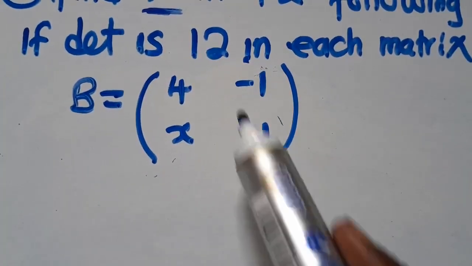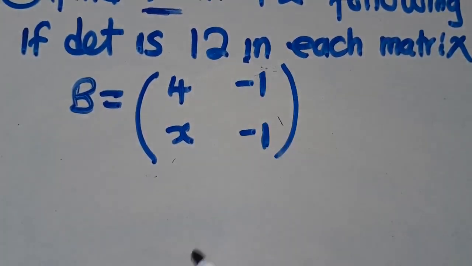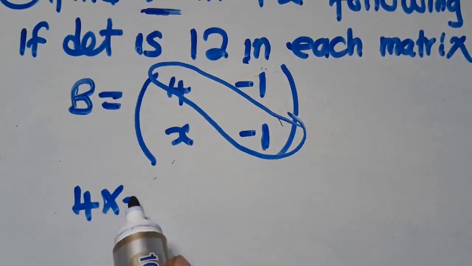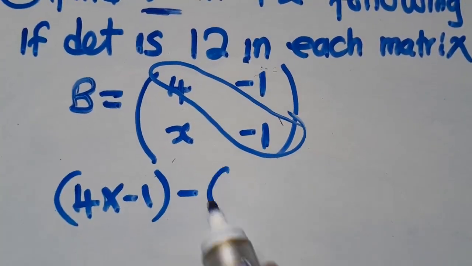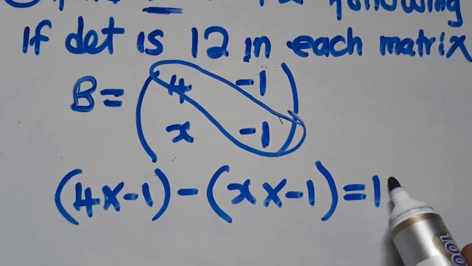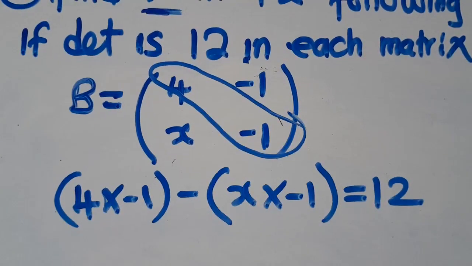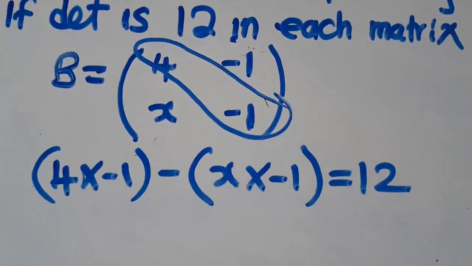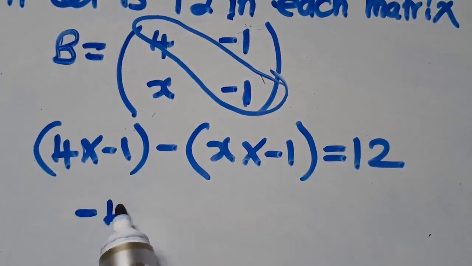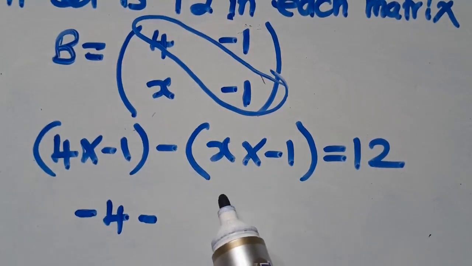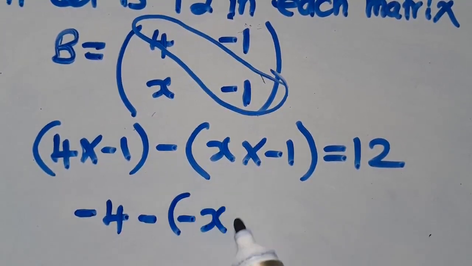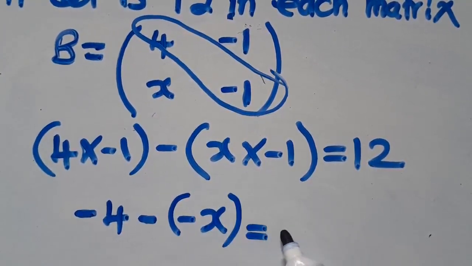If the determinant is 12 for this matrix, major diagonal: 4 times -1, minus x times -1, equal to 12. So you multiply. What is 4 times -1? It's -4 minus... here you get negative x, which is equal to 12.